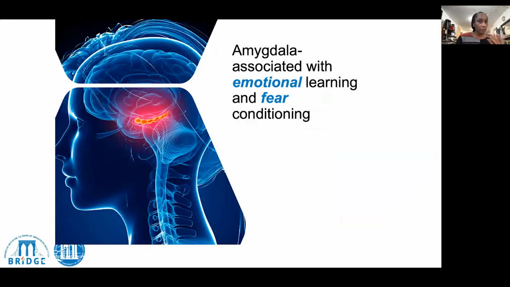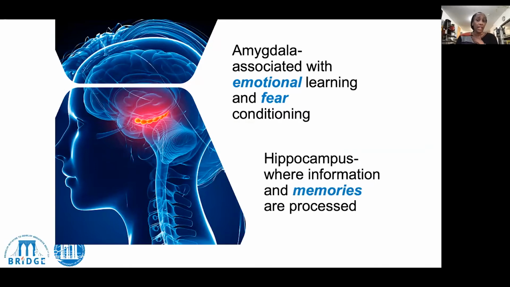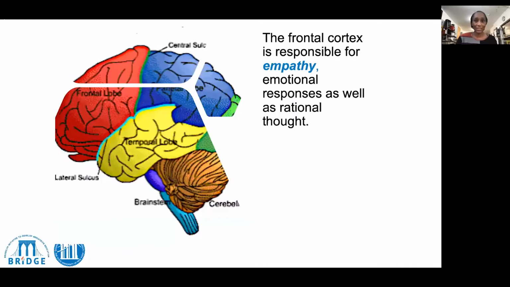We know this because we know about the brain: the amygdala is associated with emotional learning, fear and conditioning, and the hippocampus is where information and memories are processed. This is where these fears and biases develop, through our lived experience, and they are located forever in our brains.